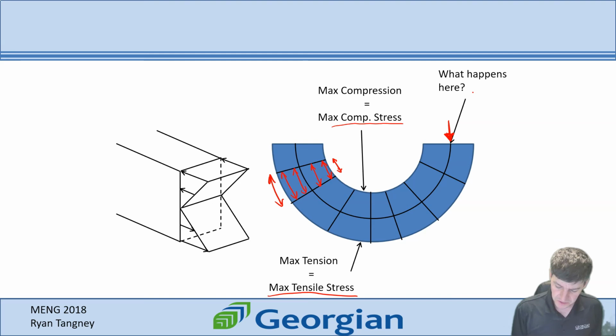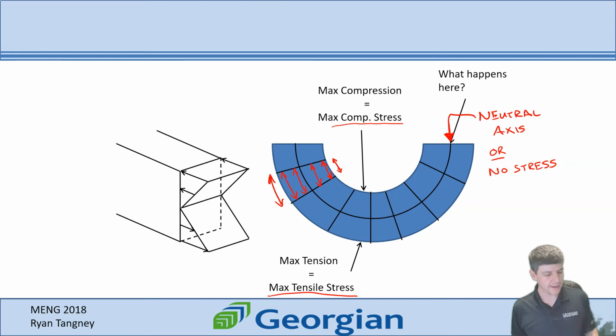And at that transition point, we have what's known as the neutral axis, okay, or no stress.